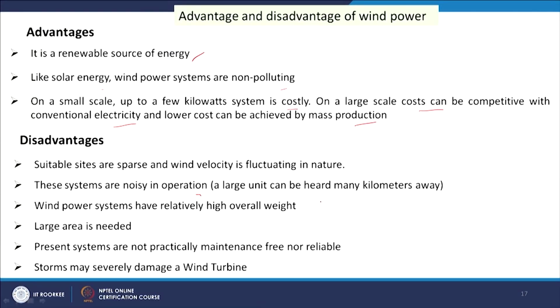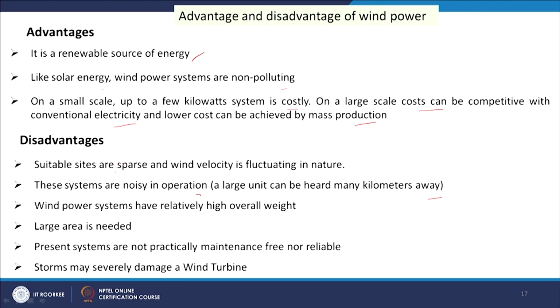On that way it is pollution free, but it also creates some noise pollution, because these systems are noisy in operation. A large unit can be heard many kilometers away, suitable sites are sparse, and wind velocity is fluctuating in nature. So, every time we may not get wind, and it requires a very large land area.